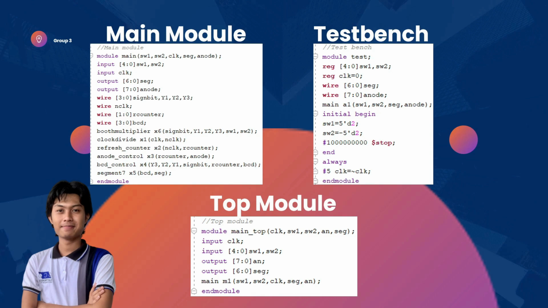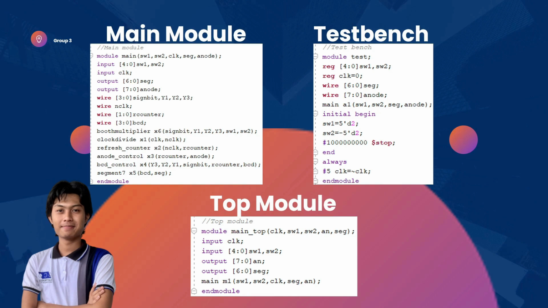Next, the refresh counter was implemented to have perfect timing for the 7 segment display. Anode control will control which of the 8 7 segment displays on the board will operate. BCD control will control the number that will be displayed on the 7 segment display.